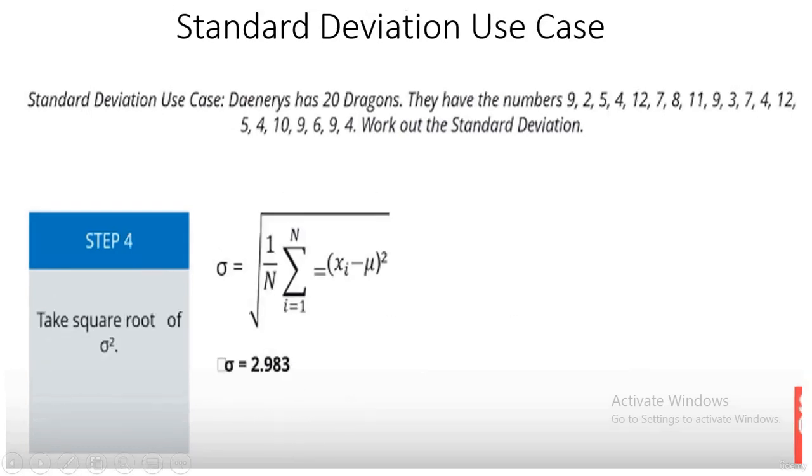And step 4 is to take the square root of sigma square, and if we work out the square root, then sigma is equal to 2.983. So this is the way we can calculate the standard deviation of any project or tasks.